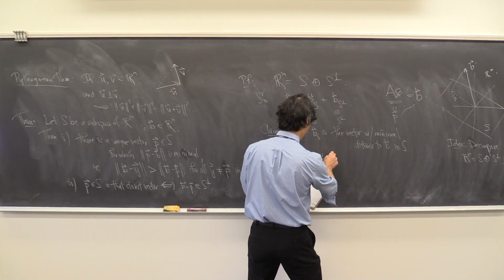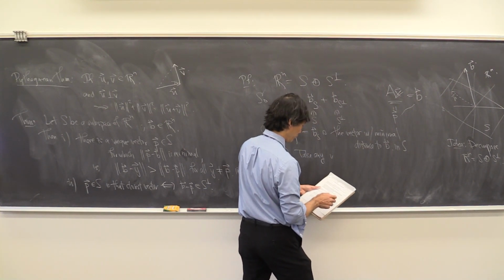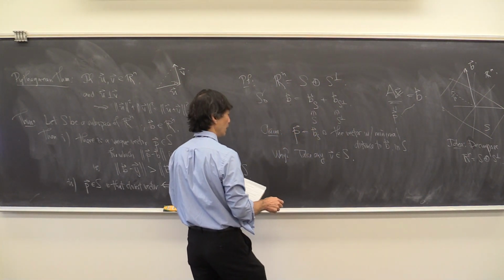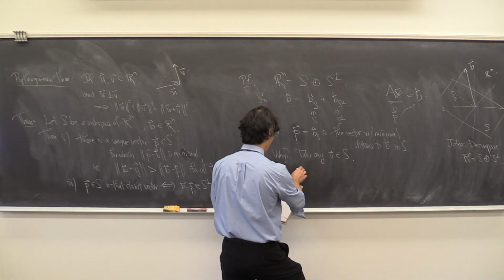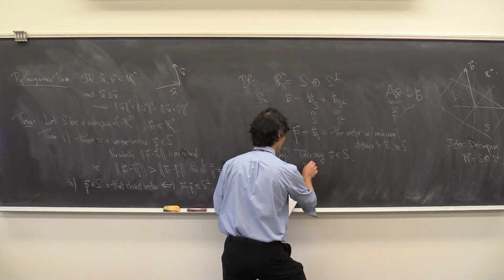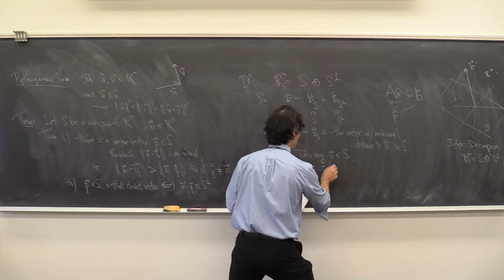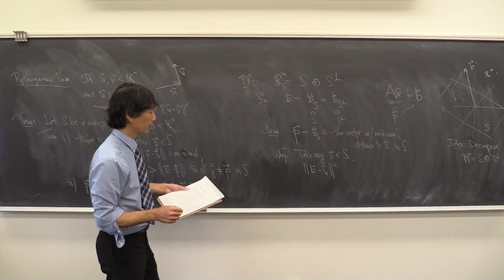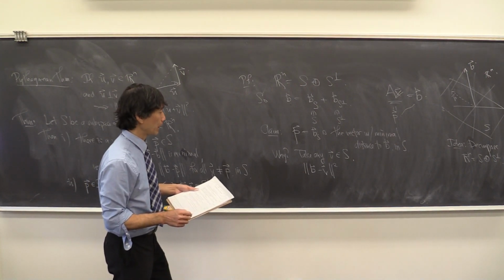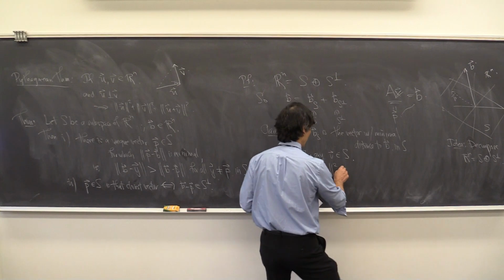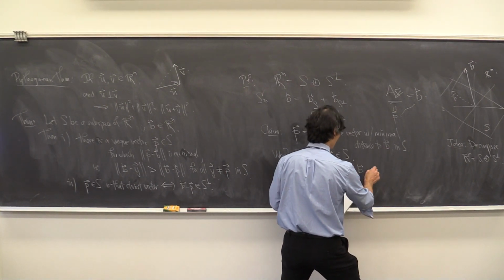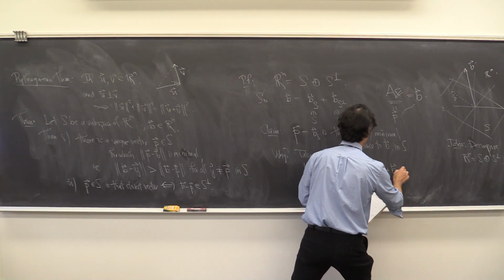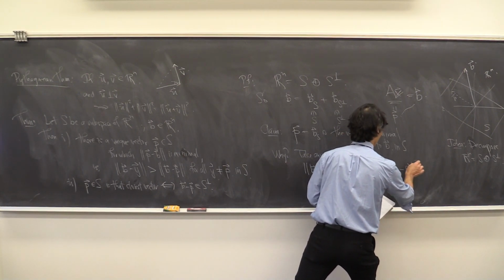Take any other vector V in S. In that case, we can rewrite and then look at B minus V squared. We can rewrite that as B minus Bs plus Bs minus V, squared.